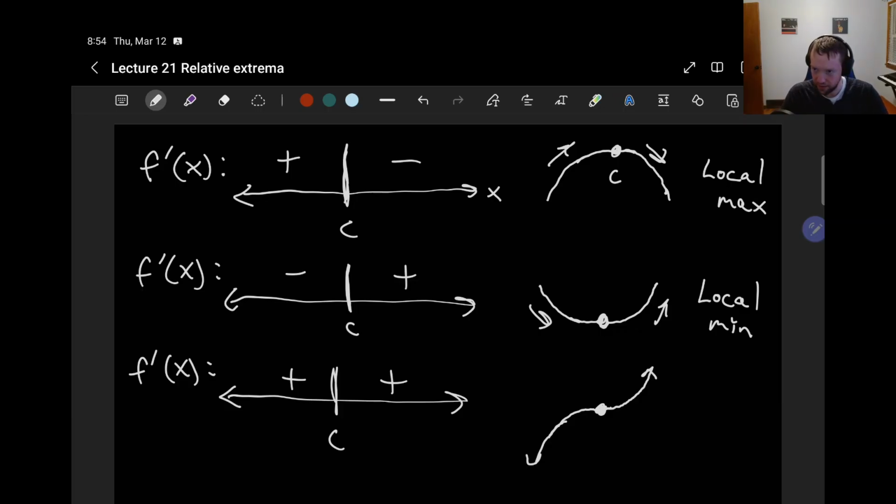So this can happen. A good example would be x cubed, that function. So this is neither a maximum nor a minimum, because if you look on the left side, this is above all that. But whenever you try to take a full open interval, including this, you're going to have a mix. It's in the middle.